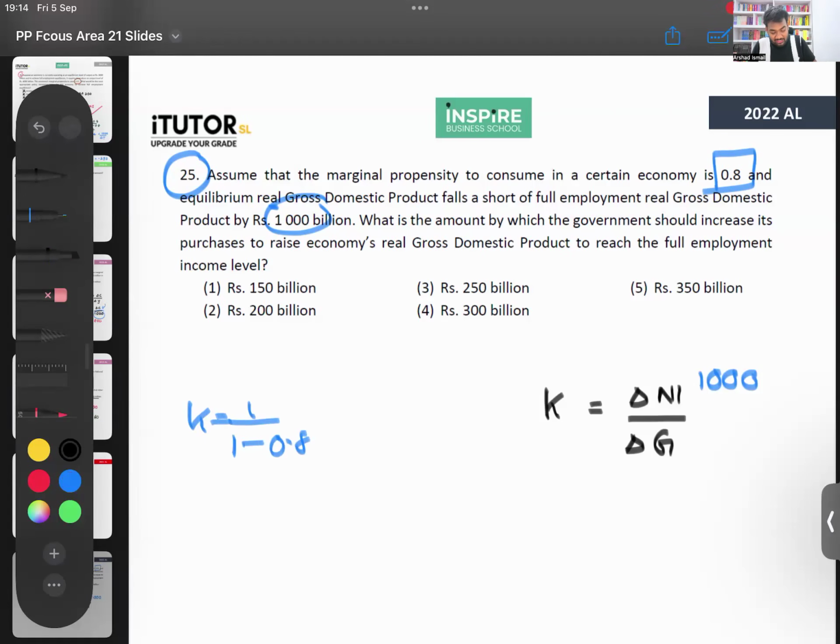My government spending multiplier is 5. So they are asking you, if you are to increase national income by 1,000, how much should your government spending change by? It has to change by 200. See, can you see when you figure these two equations out, it's just that some missing information somewhere they ask you, right? So answer, then number 2.